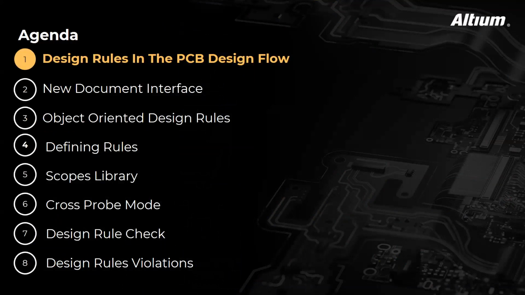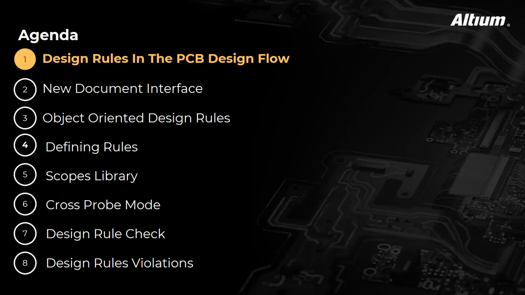Since Altium Designer 21, there is a document view design rule editor apart from the basic rule editor, which is very convenient for designers to create multiple rules for a single net or a net class at a time. Followed by that, we will discuss object-oriented design rules, how we can define the design rules and scope the libraries, and how we can cross probe.